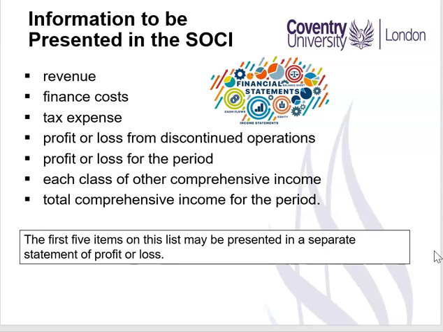The first five of this list, from revenue to profit for the period, may be presented in a separate statement of profit or loss. But as I said, we will be presenting all of them in one comprehensive statement.